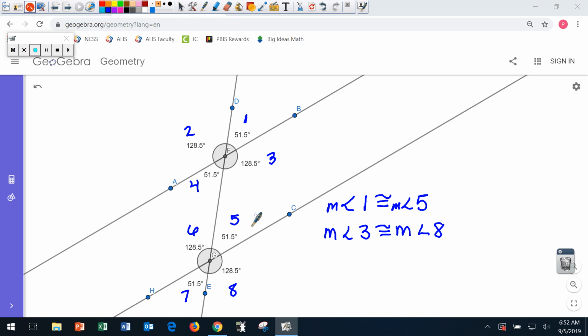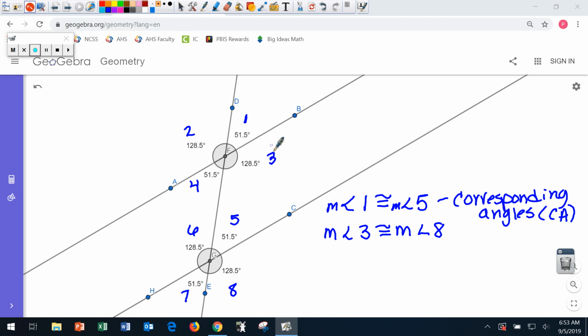So these two angles are on the same spot in their lines. They're sitting on top of the lines. So the measures of angle 1 and 5 are called corresponding angles. And I like to write it for short, CA.